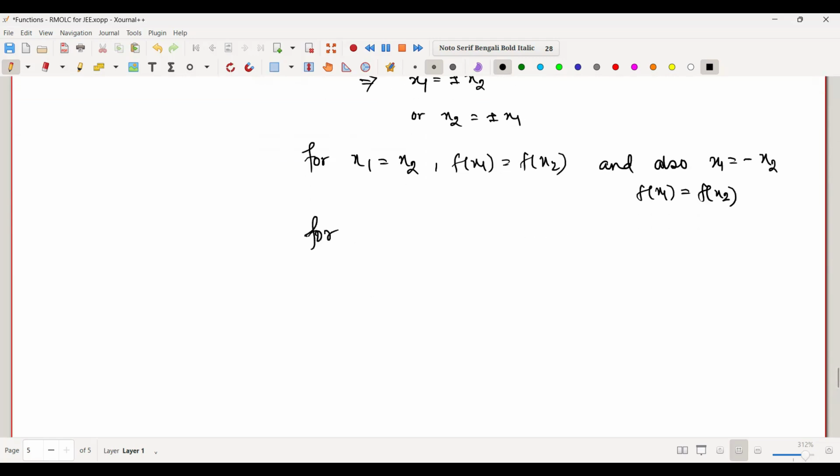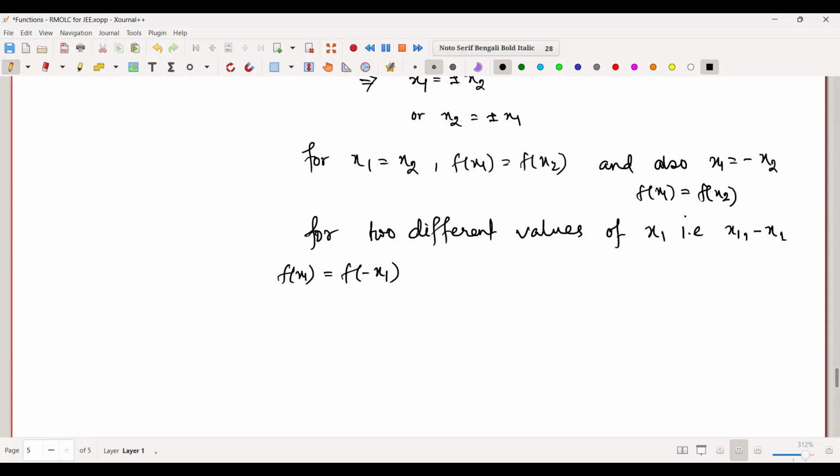For two different values, one is x1 only and another is minus x1, f(x1) is equal to f(minus x1). So basically we have taken x2 as minus x1, or we can take x1 as minus x2, whatever.